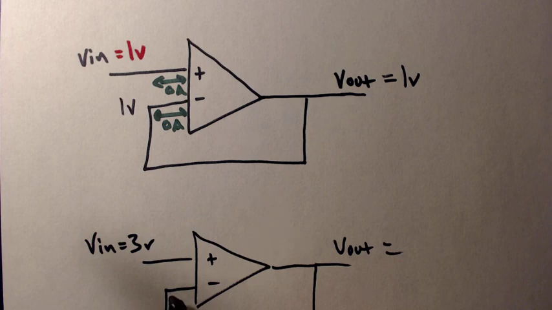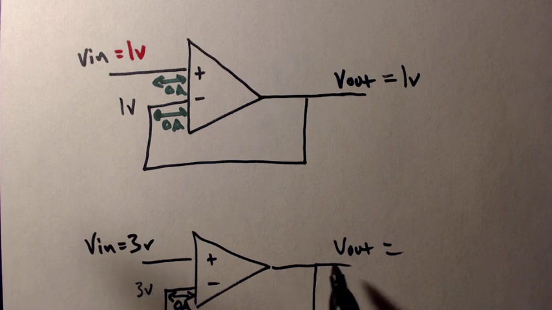The op-amp will do whatever it has to make both inputs equal to each other. And how did this become 3 volts? It didn't happen because the input decided to change. It can't do that. It has no ability to source or sink current over here. So the only possible way that this was made to be 3 volts had to be because V out was made to 3 volts.